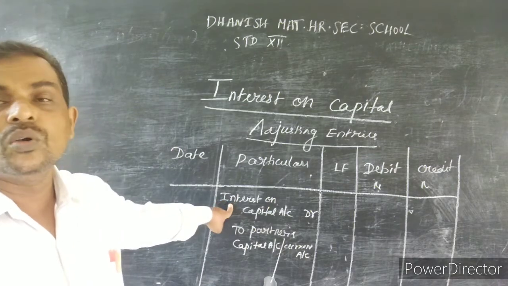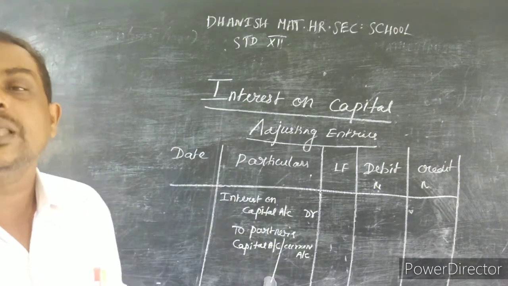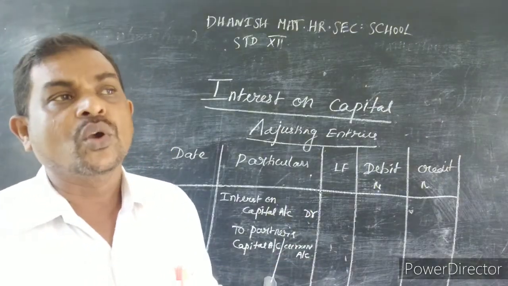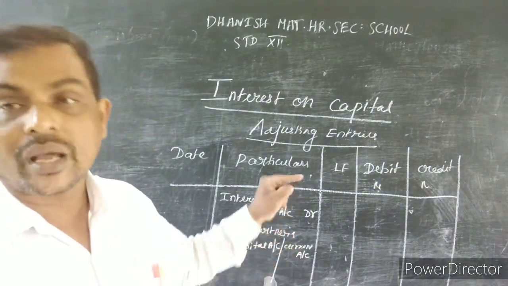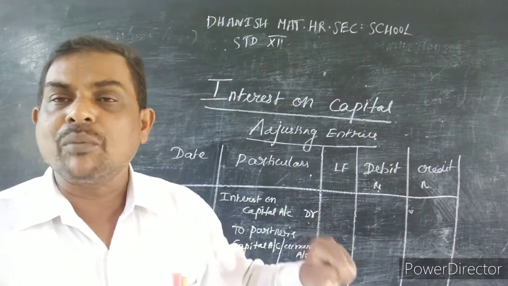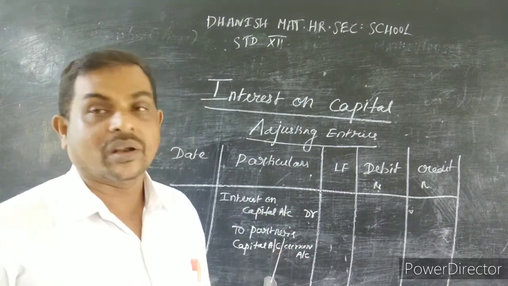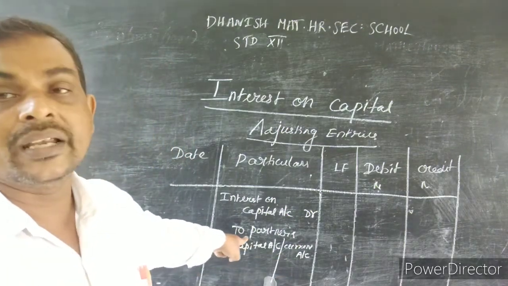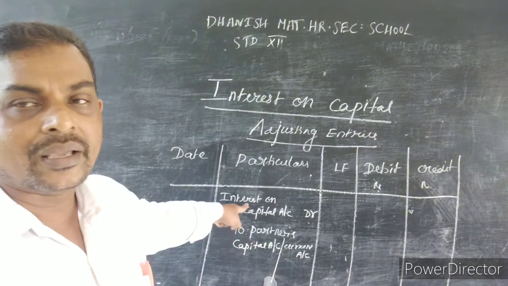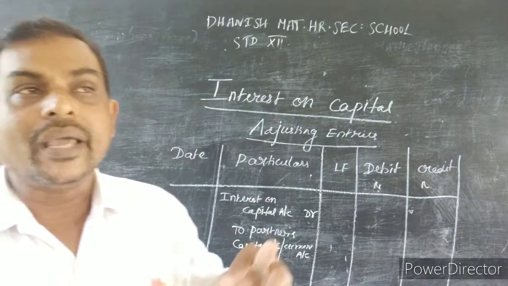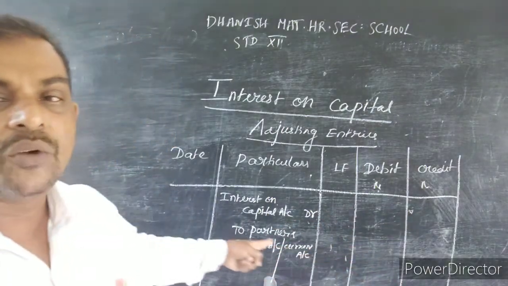This amount will be credited to whom? The respective partners' capital account or current account. Why capital account or current account? If the capitals are fixed, that amount should be adjusted in the current account. If the capitals are fluctuating, the interest on capital should be adjusted in the capital account.